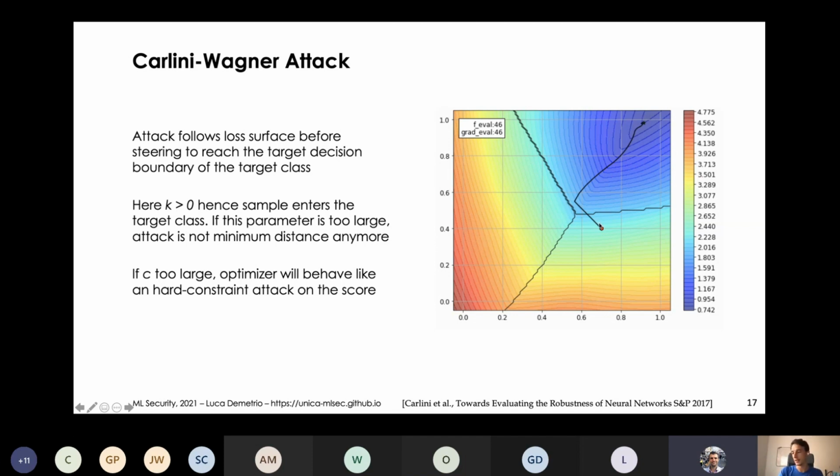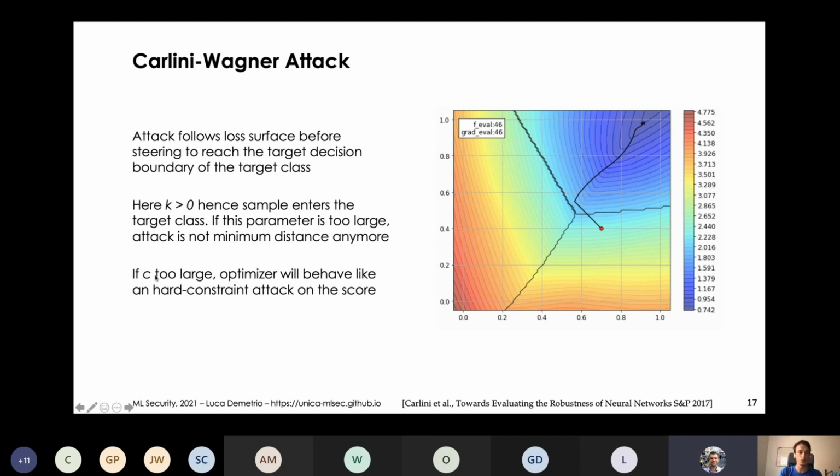But since K is greater than 0, after the sample crosses the boundary it keeps going even further, because it's simple math: if you reduce that score, you need a higher score to arrive here. It is as if the boundary has been shifted to where the sample lands after the adversarial attack.